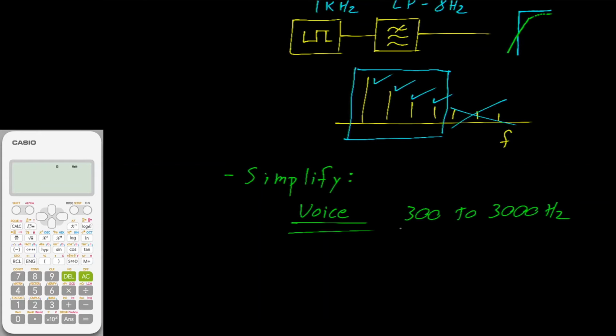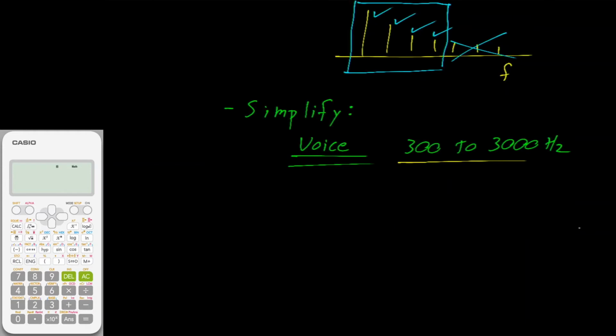Instead of dealing with all of the complexities of a signal such as voice, we can simplify it. In the frequency domain, we might talk about the 300 hertz signal all by itself. We can do all the calculations. We can see how the system would change the 300 hertz tone. We can then do all the calculations again at 3000 hertz. We can do those completely independent of each other.